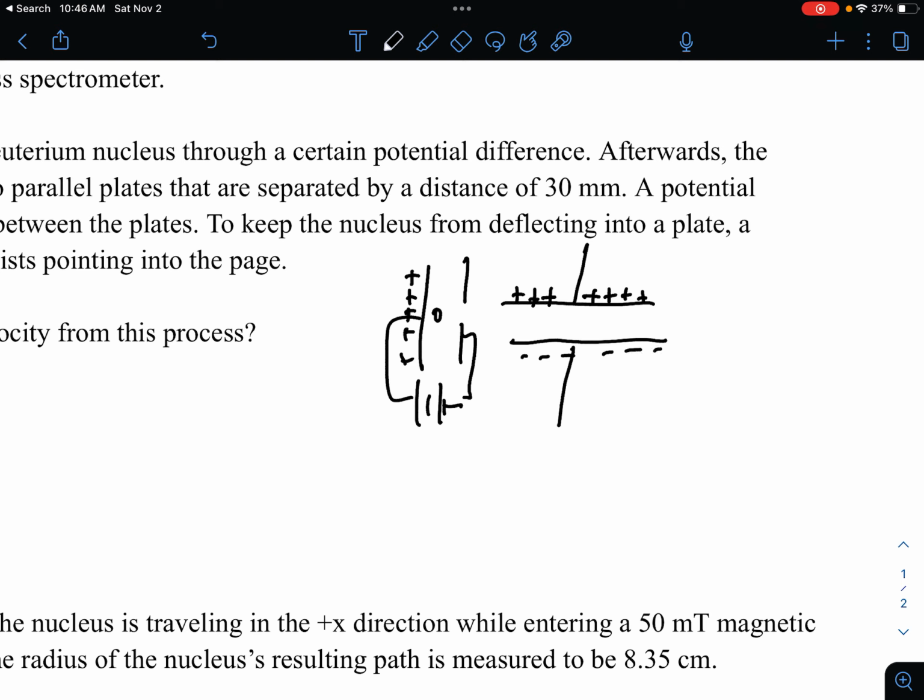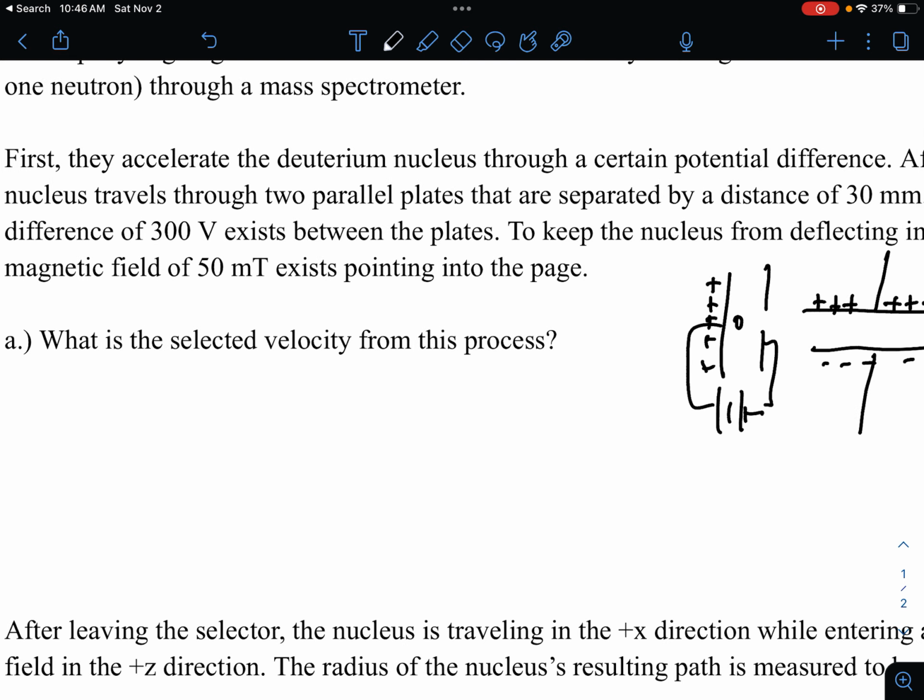And finally, after the accelerator and selector, it's going to go through the detector, where it goes in uniform circular motion, because the magnetic force is always going to be perpendicular to your velocity, and that's a right-hand rule statement. So it's going to go through circular motion and eventually crash into the walls or something. So I should finish the problem.